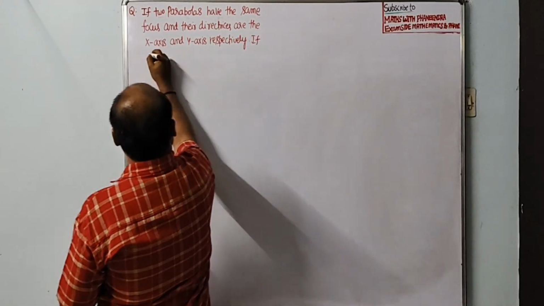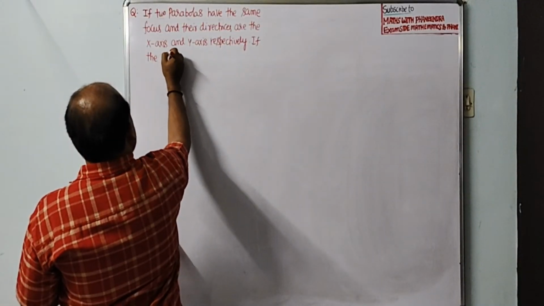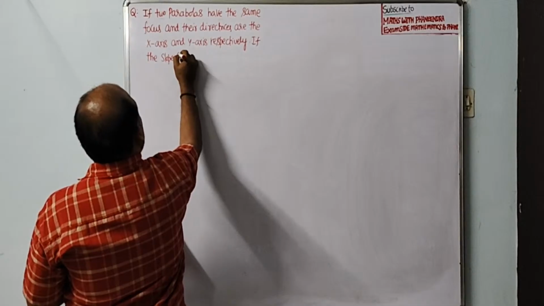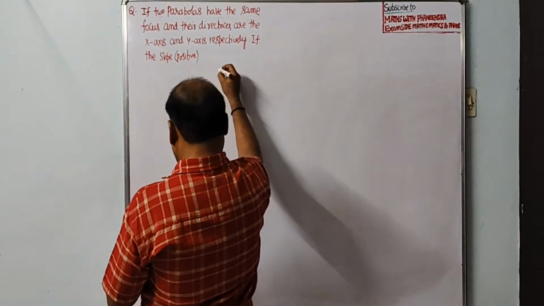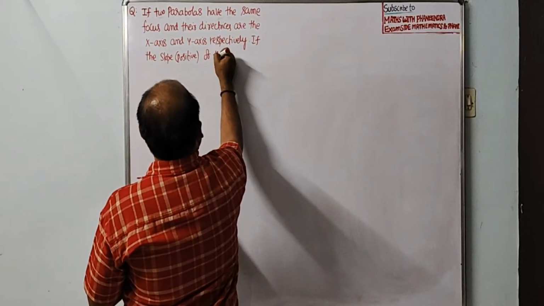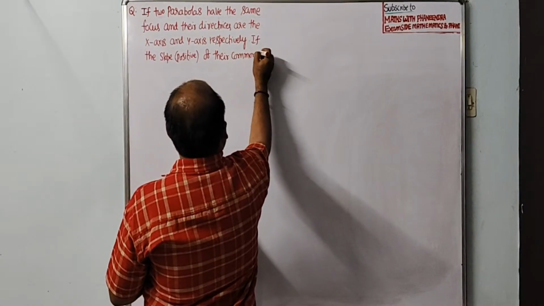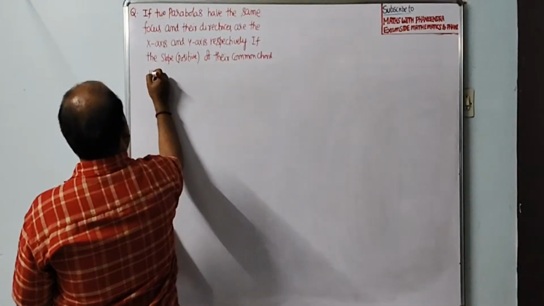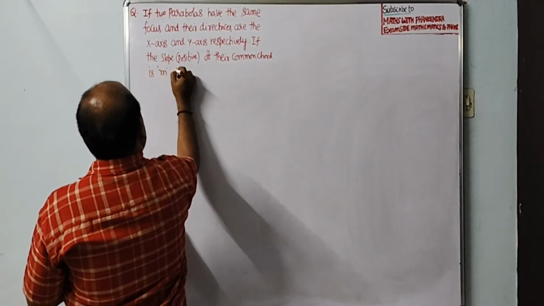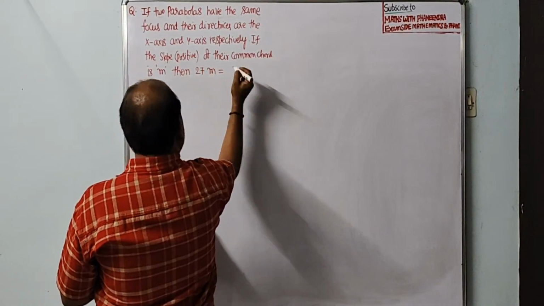If the slope, positive, of their common chord is M, then 27M is equal to.